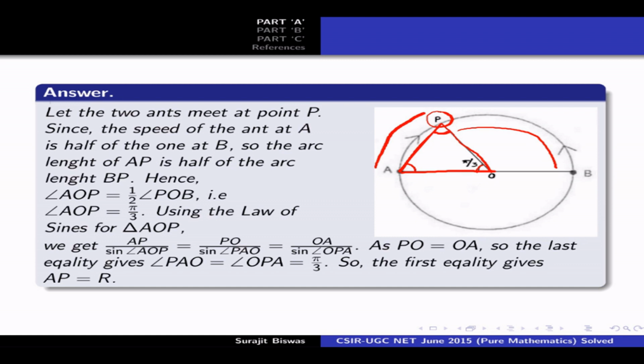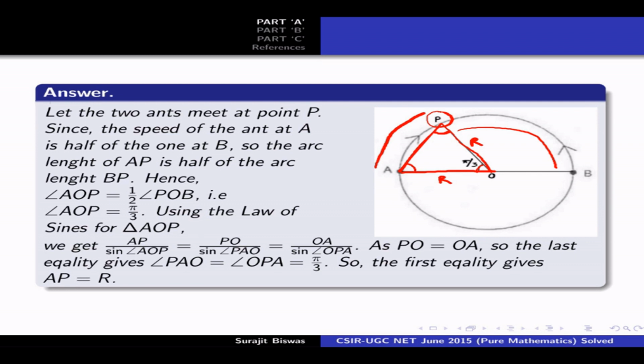Now, as PO equals OA, because OA is the radius, PO equals OA equals R, and therefore angle PAO has to be the same as angle OPA.